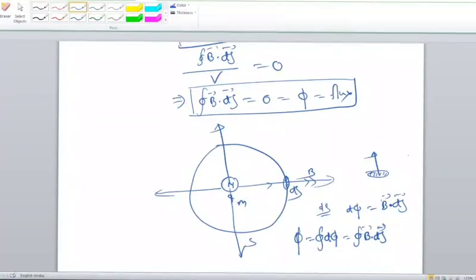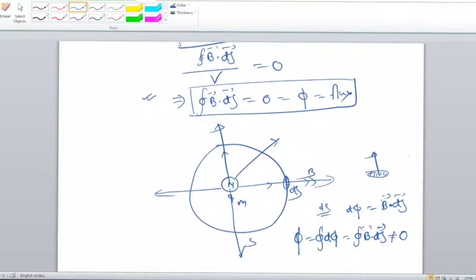But from the picture we can see the magnetic lines of force are in the outward direction, so total flux will not be 0. That means closed integral B dot ds will not equal 0. But by Maxwell's second law, flux must be 0. So here is a problem.